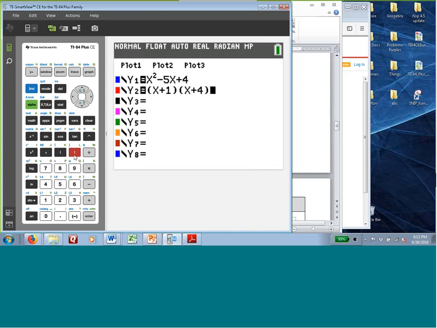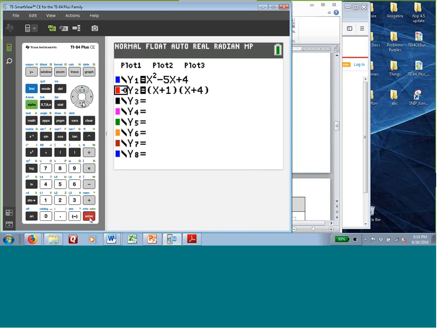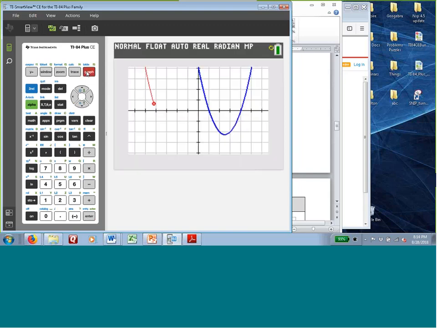And I'm showing you this on purpose, but the way that students can connect their factored form to standard form is to use the tracer ball graph style. You'll notice that I arrowed all the way to the left. I press enter. I can change the color if I want, but I want to go arrow down to the line and change the line style by right arrowing to this tracer ball. You have to hit enter on OK or you will lose this, but watch what happens when you trace my supposed factoring.